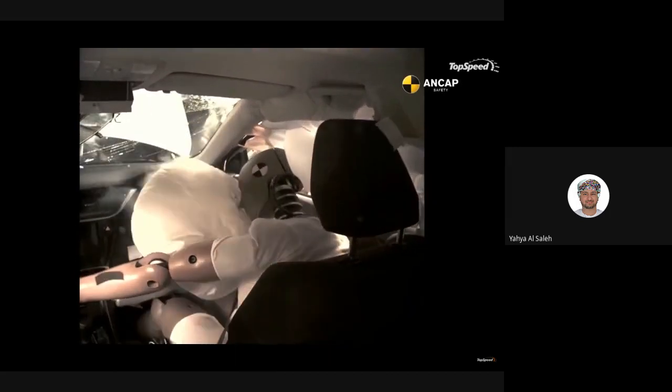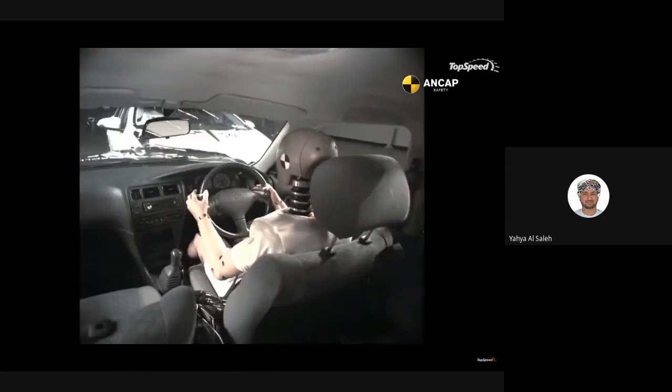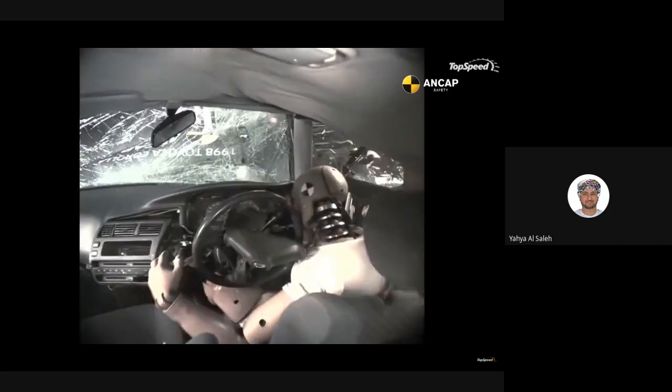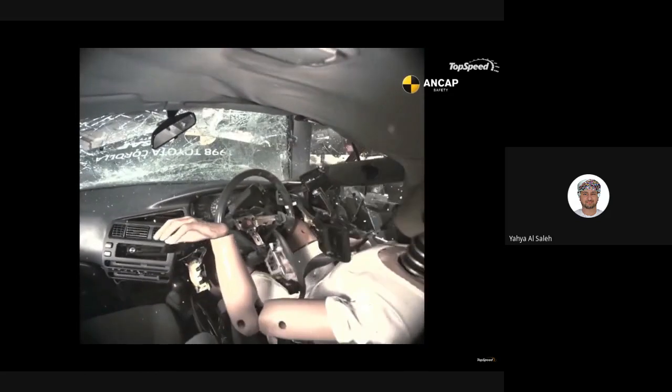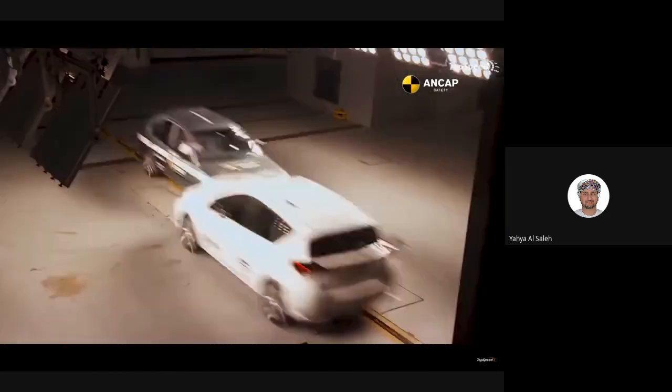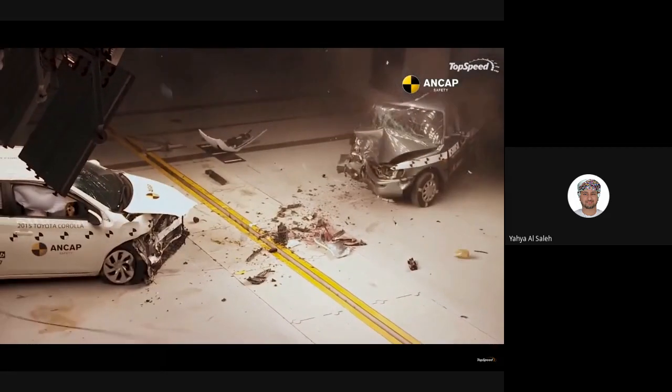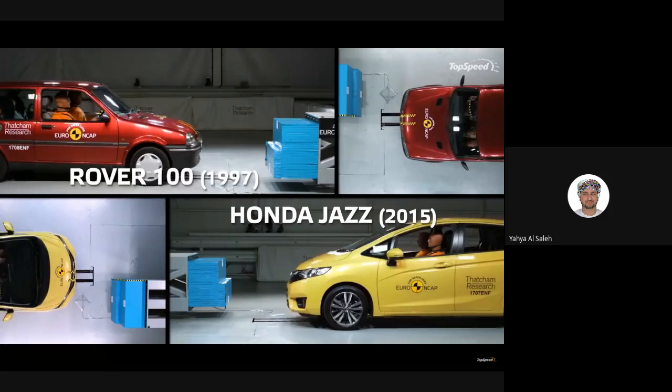So this guy has an airbag. This guy, no airbag. The airbag actually increases the time to about 1.2 seconds.